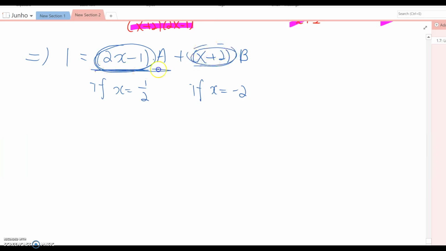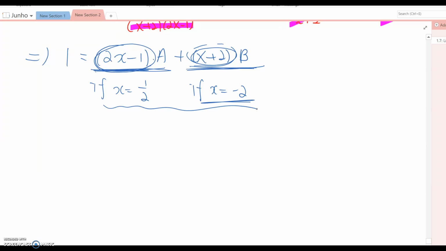If this term equals 0 but not this term, then we can find B really easily, or vice versa. Look here, x equals negative 2, then even though this term becomes 0, this one is not. So we can use those two values and find the values of A and B more easily.